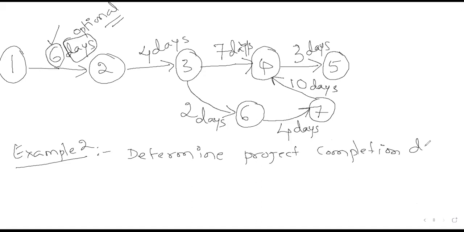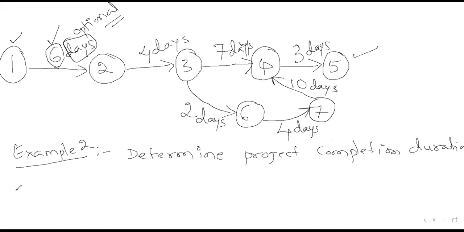That means the total duration the project will take, right from setting up of the sales office until the sales gets completed. What is the total duration taken? Correct. So this is something required.